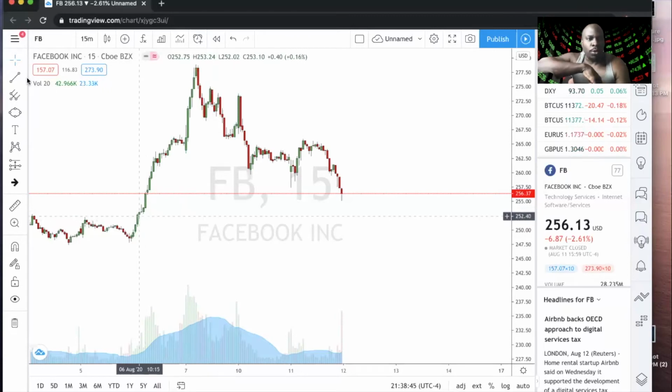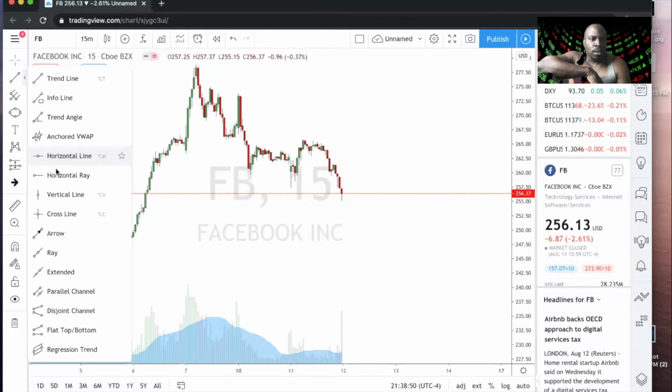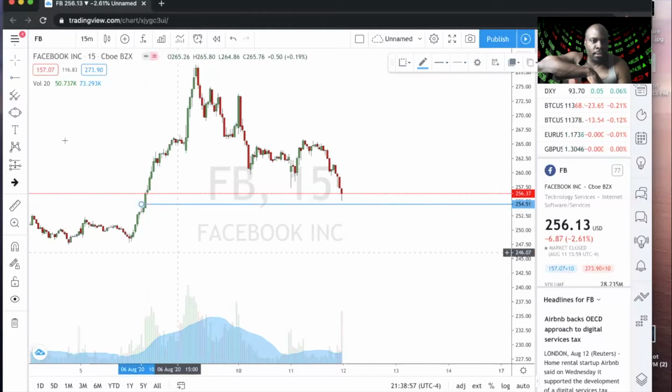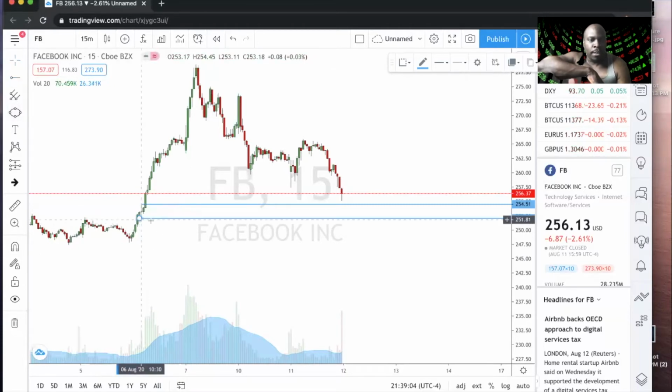So what I would do is I would get my little horizontal ray and mark that point at the highest tip of that candle. And I would take another one and mark it at the lowest tip. And this is the representation again of my base.